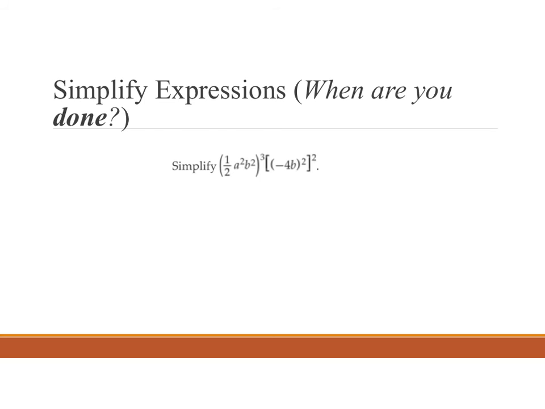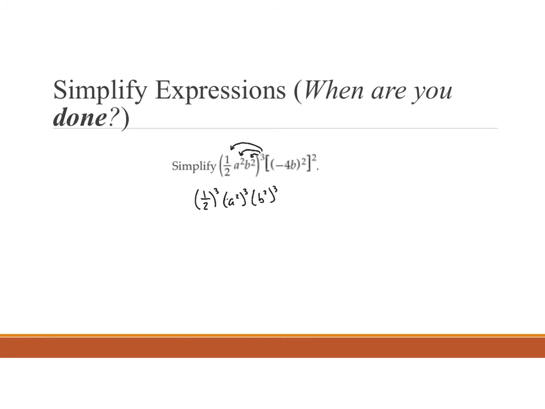Okay, here we go. So first off, I'm doing the first parentheses. So I'm going to distribute my exponent to each of the pieces. So that means I have 1/2 cubed, a squared cubed, and b squared cubed.